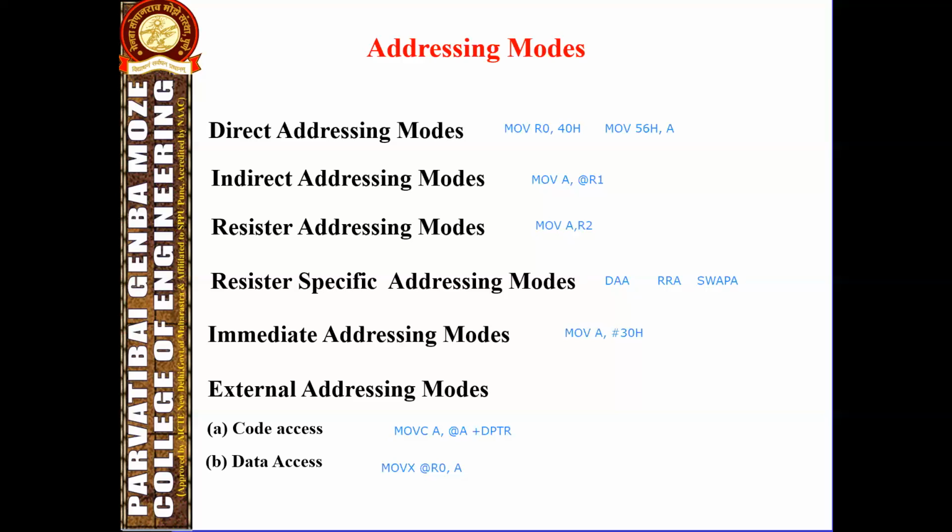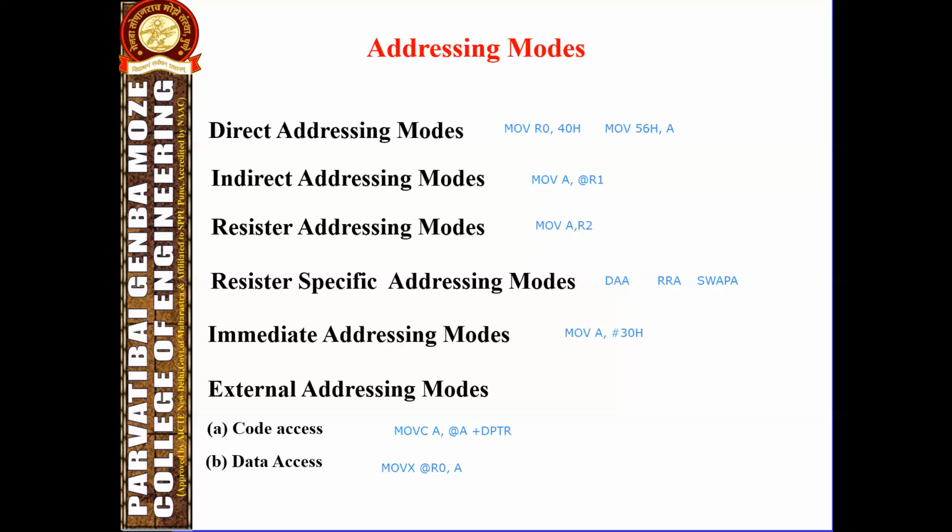So the next one is immediate addressing mode. What does immediate addressing mode mean? This is the simplest method to get the data directly to the register or whatever the destination. Here, the data source is a part of the instruction and it is immediately available.